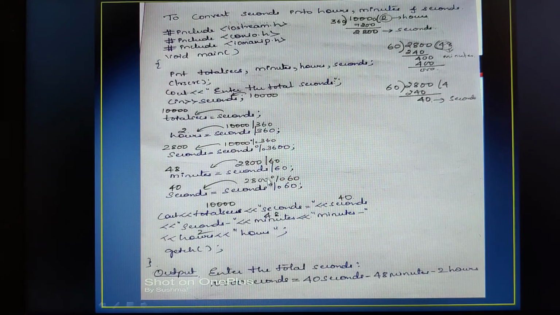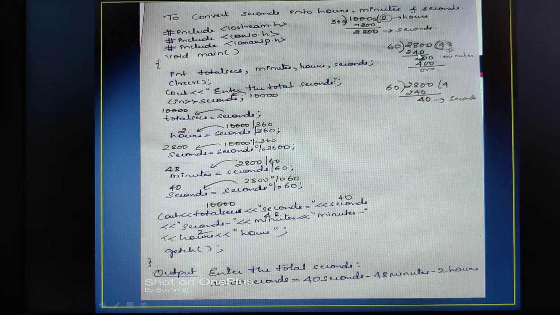How to calculate from seconds to minutes? How do I convert? How do I find out? Seconds divided by 60. Therefore 2800 divided by 60 when I do it. So 6 fours are how much? 240 I got. So what is the remaining?